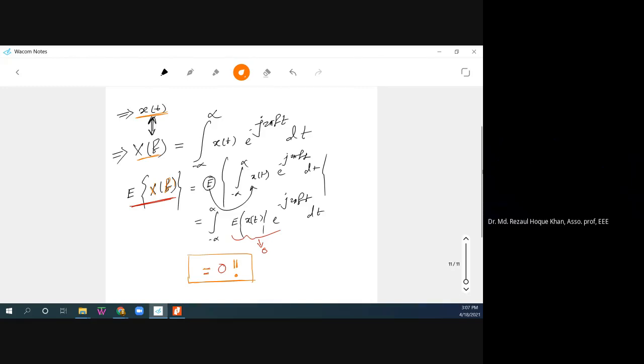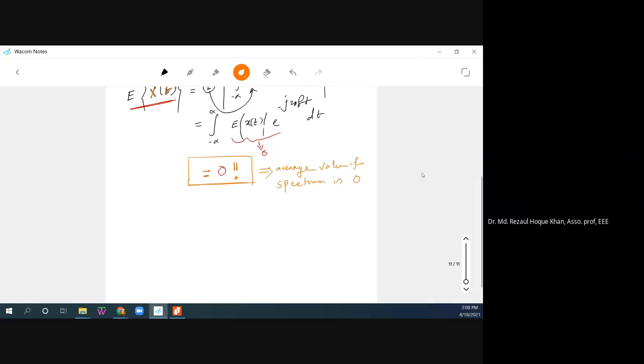But how do we find the spectrum of this random signal, right? What this gives is that the average value, or expected value, of the spectrum is 0, which doesn't mean the spectrum itself is 0.